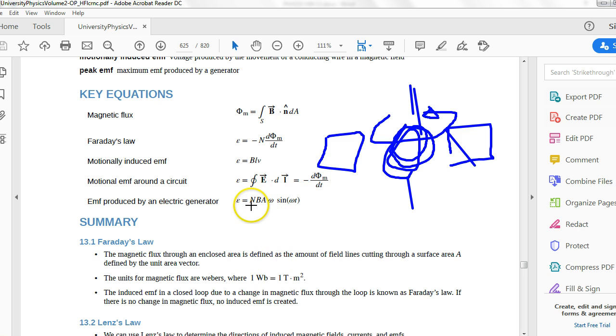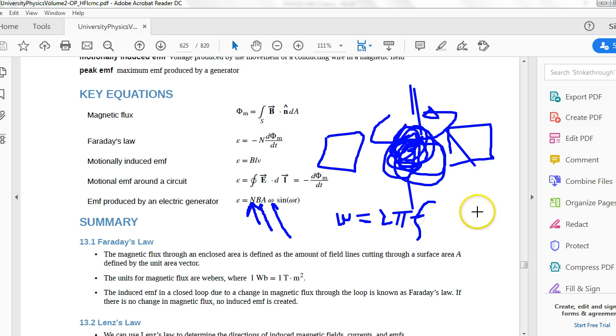And what we have here, n is the number of windings on the motor, B is the magnetic field, A is the area covered by the coils, and omega is the rotational velocity, where omega is 2 pi times the frequency, 2 pi f.